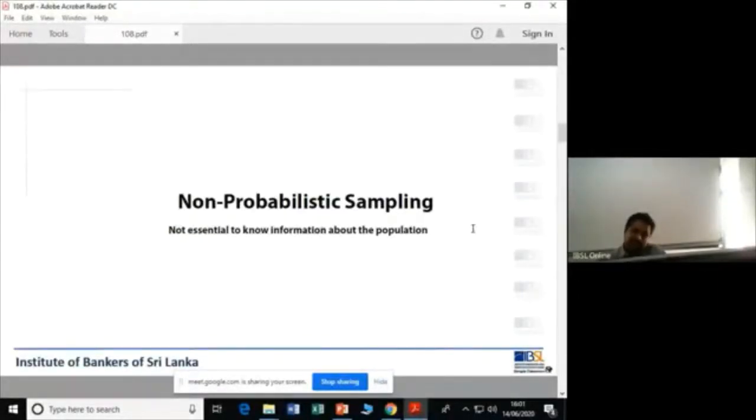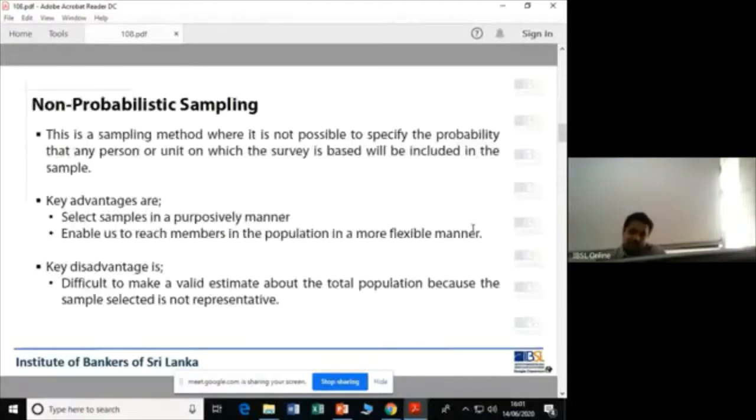So with that introduction, let's look into the broader definition of non-probabilistic sampling. Okay, let's go through the slides. This is a sampling method where it is not possible to specify the probability that any person or any unit on which the survey is based will be included in the sample.